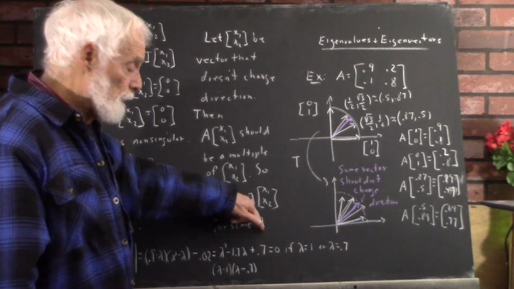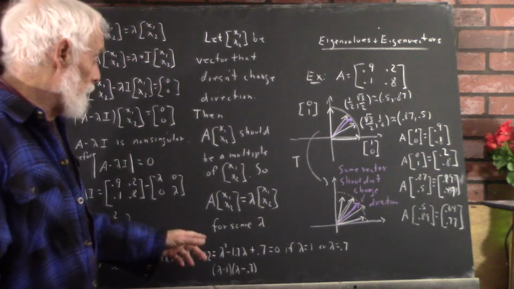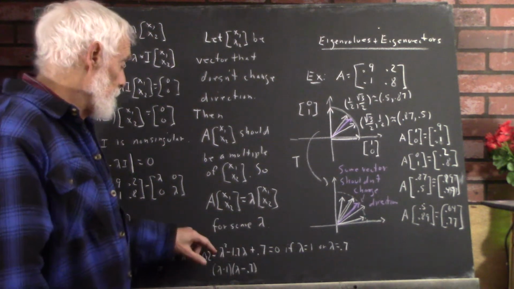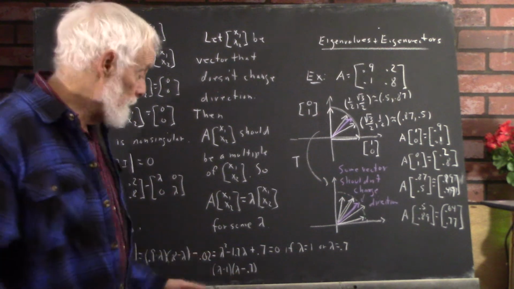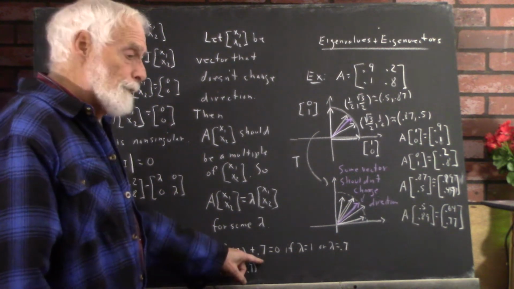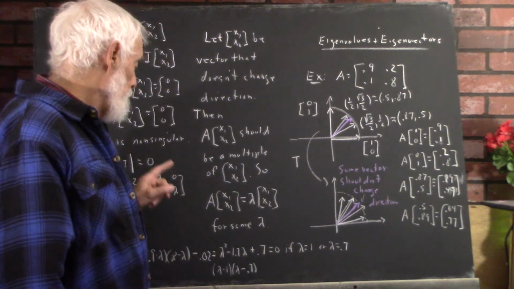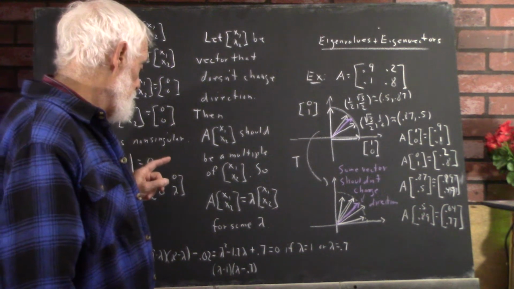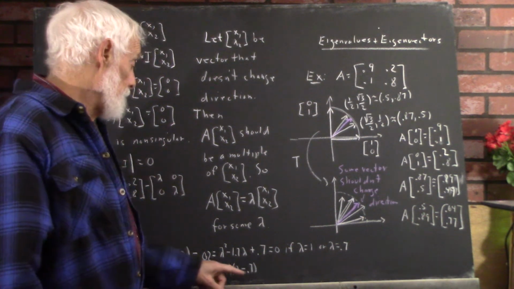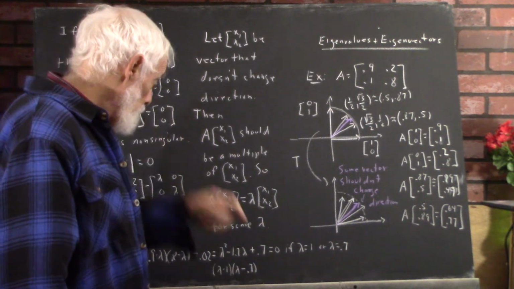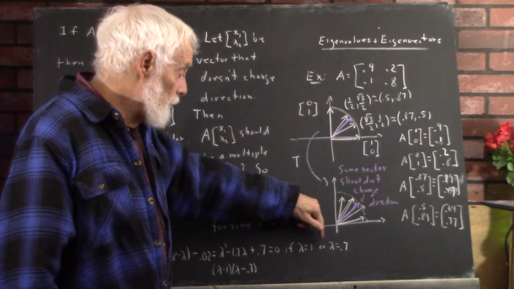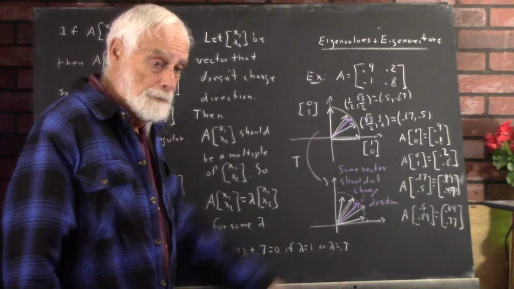This is a simple quadratic equation. We could solve for lambda using the quadratic formula if it comes to that, but in this case, this is easily factored into lambda minus 1 times lambda minus 0.7, telling us that solutions are lambda equals 1 and lambda equals 0.7.